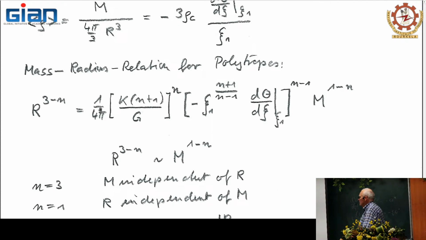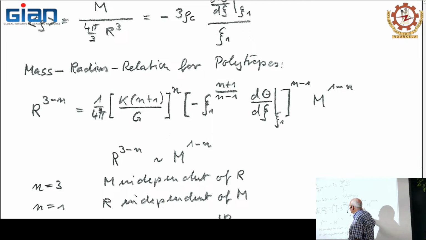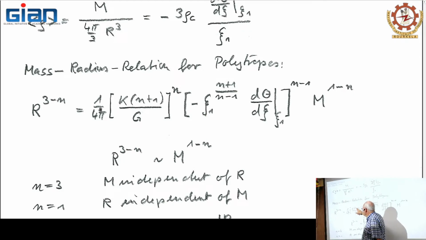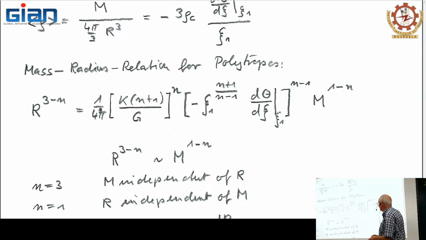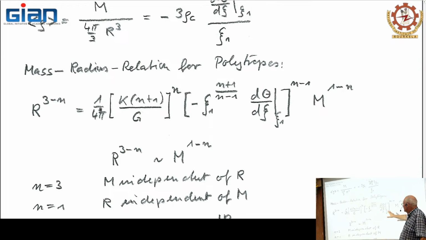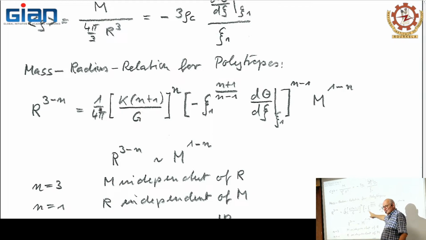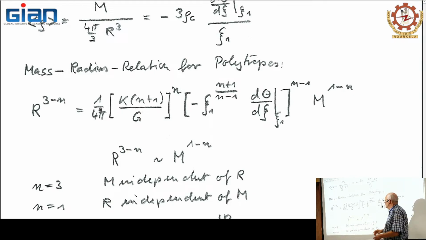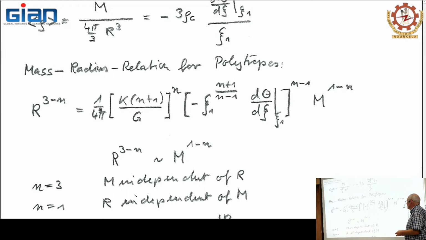So we have a relation containing the polytropic constant, the constant of gravity, times some dimensionless functions, including the position of the first zero of the polytrope and the derivative at the first zero of the polytropic solution.